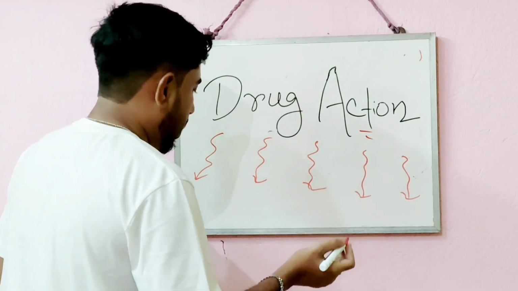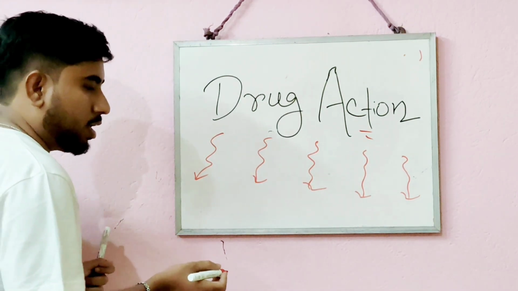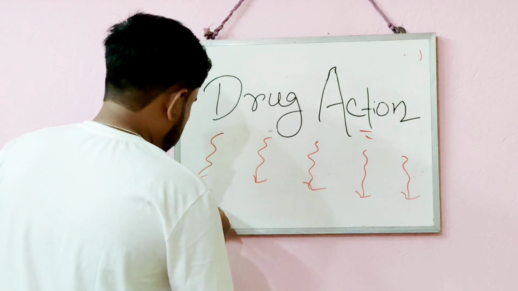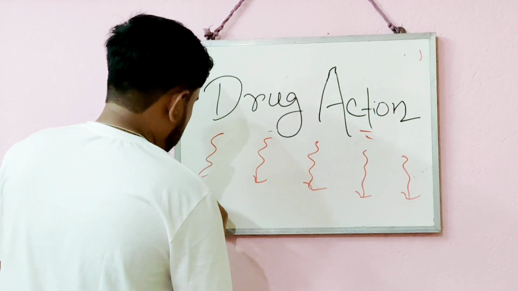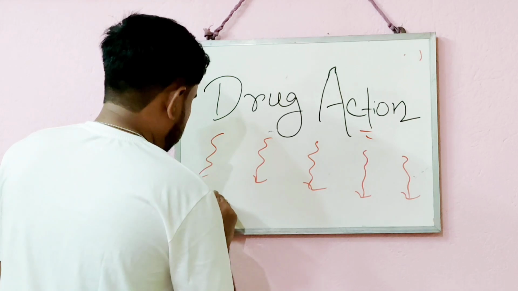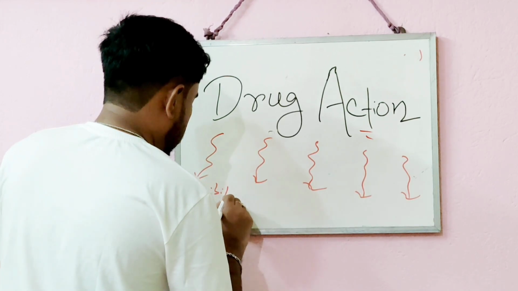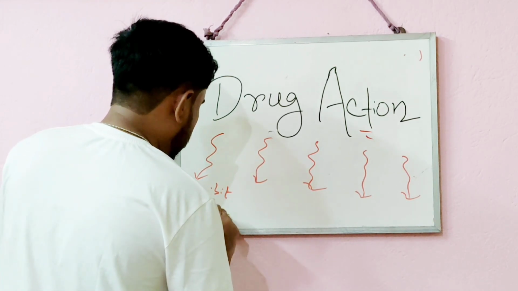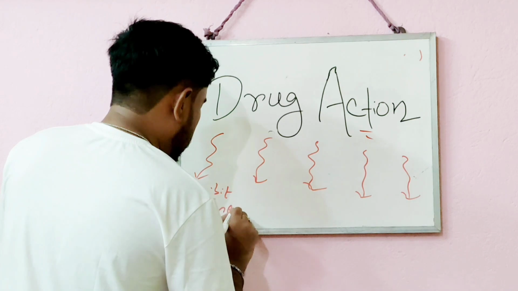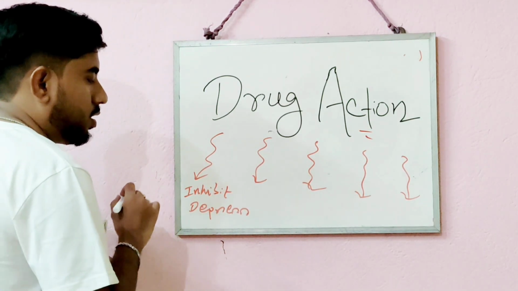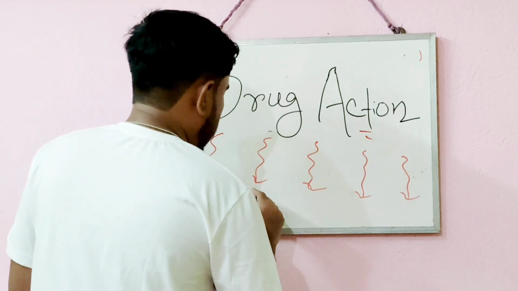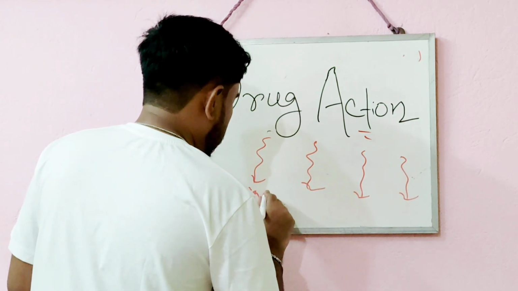It can be different types of results that we can see. Like inhibition, or we can call it depression. That means to depress or to lower anything or to overcome anything is called depression. And that can also be cytotoxicity.